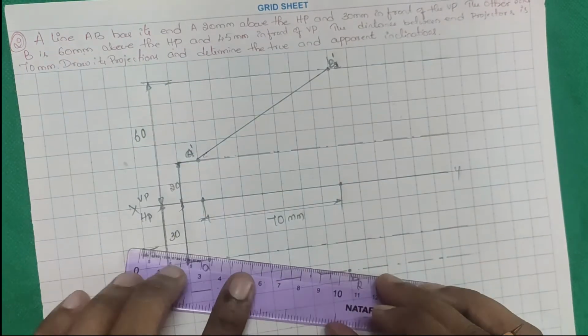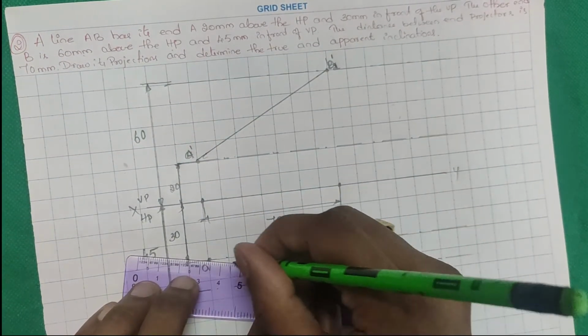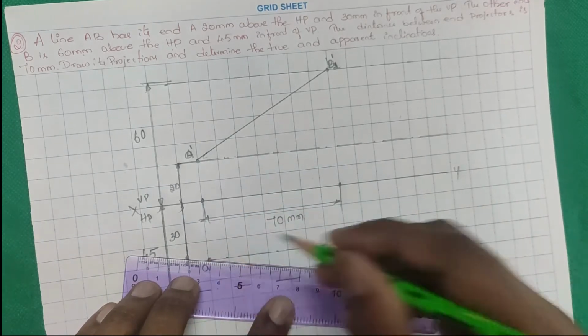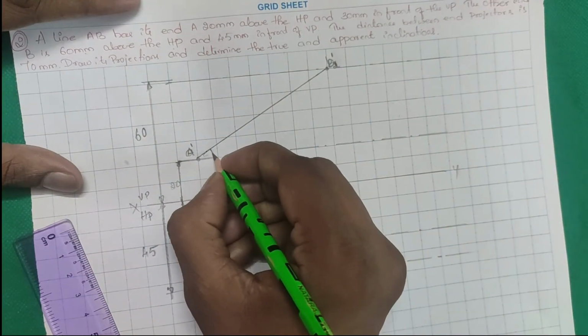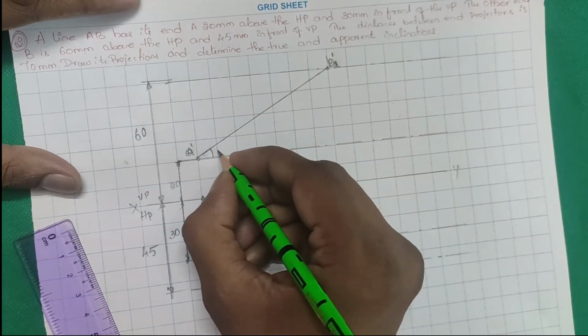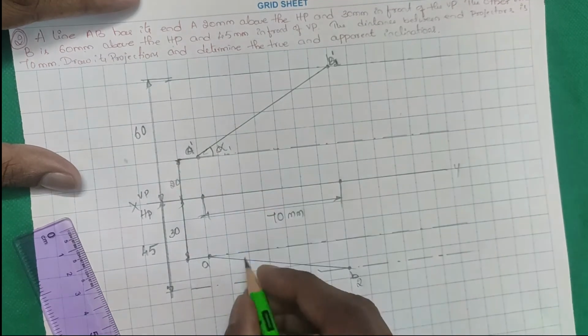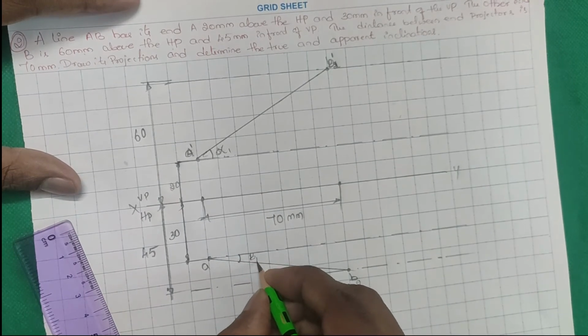Again I'll join here also, from here to here. Now you have to find out this inclination. This is the apparent inclination, so I'll take alpha 1, and this apparent inclination is beta 1.